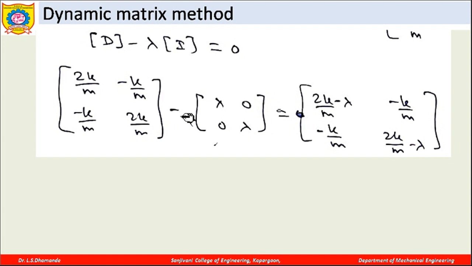Now there is a subtraction of these two, so I will just subtract the corresponding elements. So 2k by m minus lambda, minus k by m minus 0, so it will be as it is, minus k by m, then minus k by m minus 0, again the same, and 2k by m minus lambda. Now we have to find the determinant of this, which means we have to do the cross multiplication.